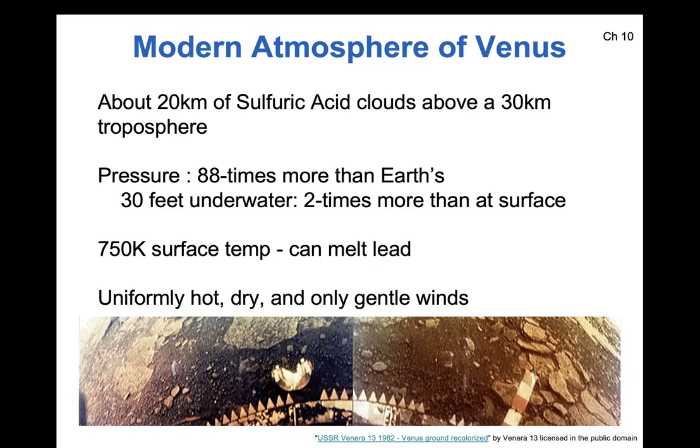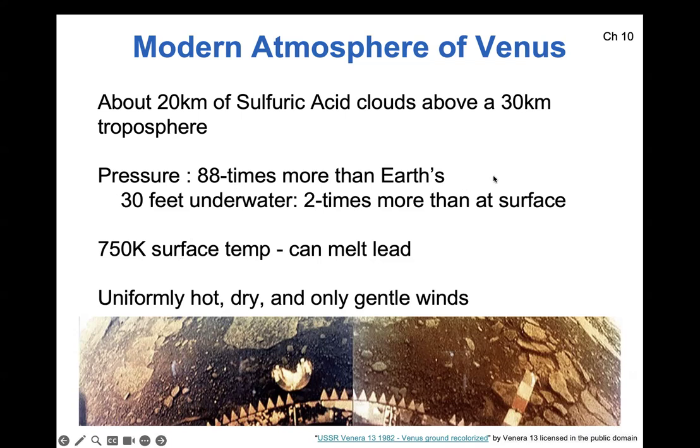The reason there's not one defined number is it just gets gradually thinner, and it even varies pretty significantly depending on the strength of solar storms. But somewhere in that 100 to 150 kilometer range is the height of Earth's atmosphere. Venus is only 50. The pressure is 88 times more than Earth's, and that's the pressure at the surface.